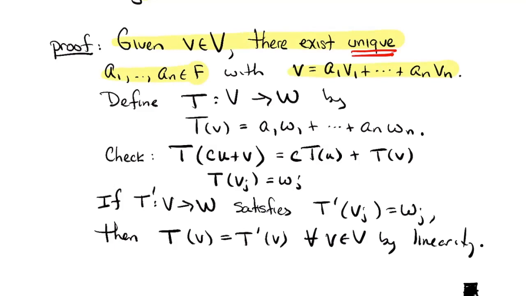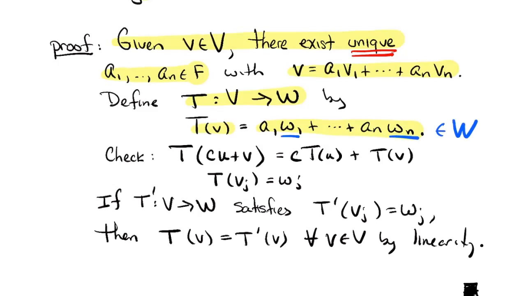So no one can write v with different scalars. I'm going to define this function by saying T of v is: take those scalars, but replace the vectors v with the vectors w in the same order. Replace v1 with w1. That gives me an element of W.